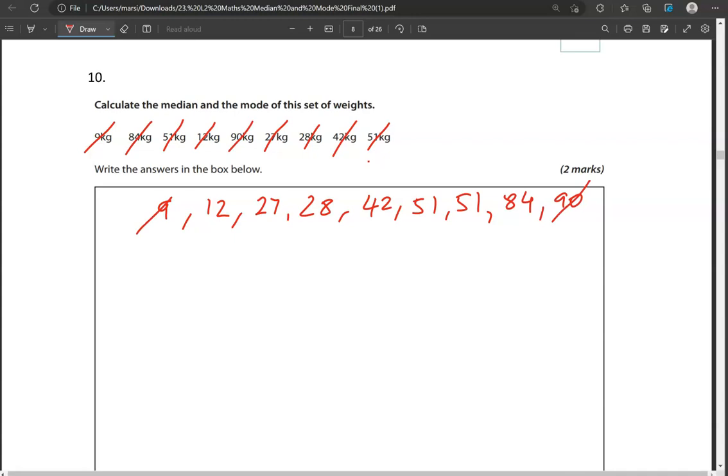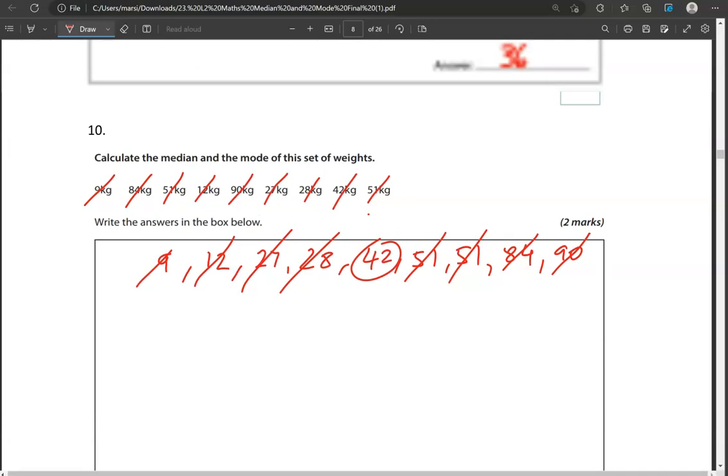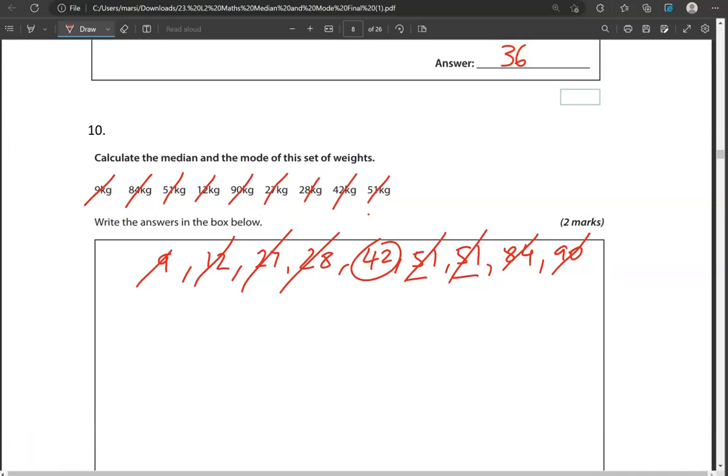Crossing them out on each side, we get 42 for the median, and the mode is 51 because that's the only number that we saw twice.